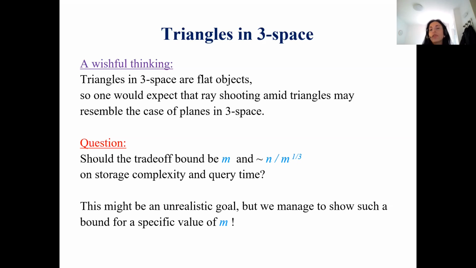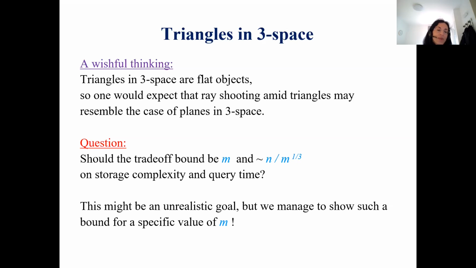For planes, we do have the trade-off bound M and N over M to the 1/3. So this is the wishful thinking, obtaining this bound. We don't know if this bound is actually the true bound for all values of M, but this is one thing that we would hope to get.